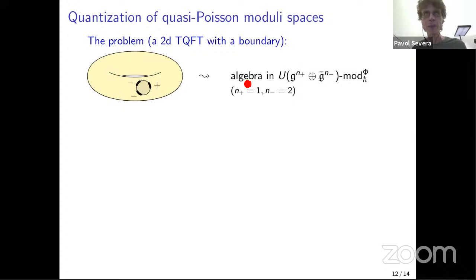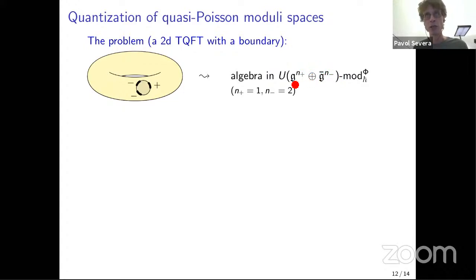Don't worry about that. What we want to get after the quantization is an algebra in the Drinfeld category where we have G to the n plus and G bar to the n minus acting.